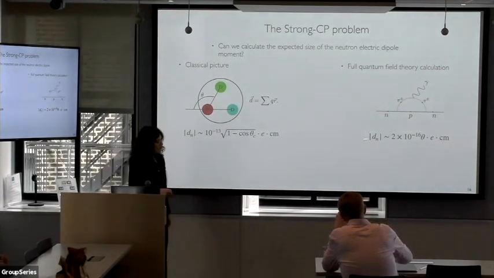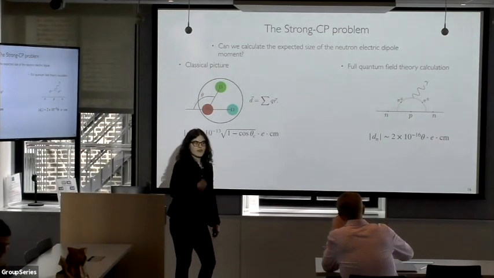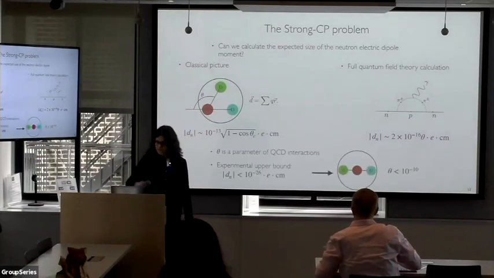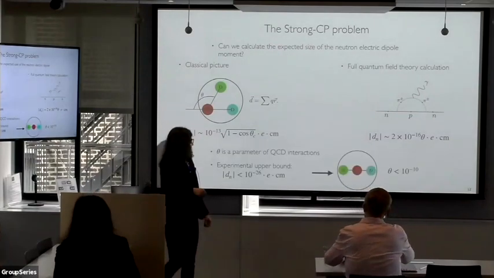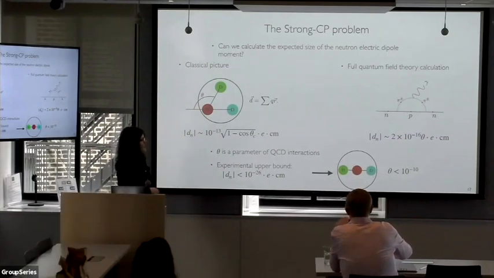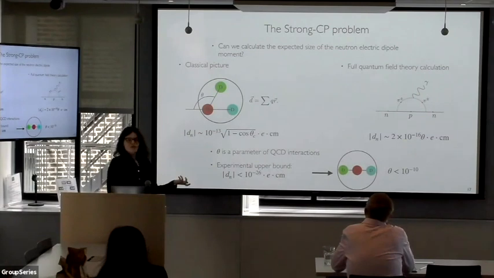So the dipole moment is proportional to theta, which parameterizes the amount of parity CP violation in the standard model. Like I said, this is a parameter that describes this interaction, and we can look for it in the laboratory.